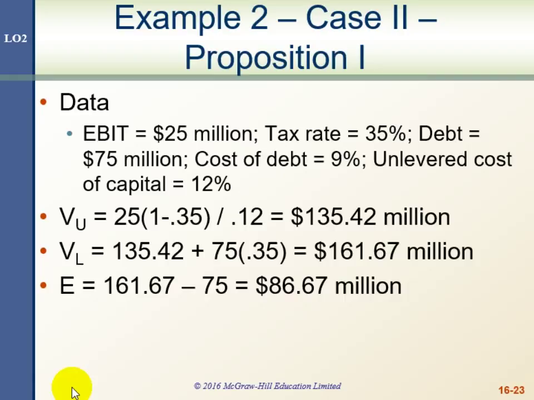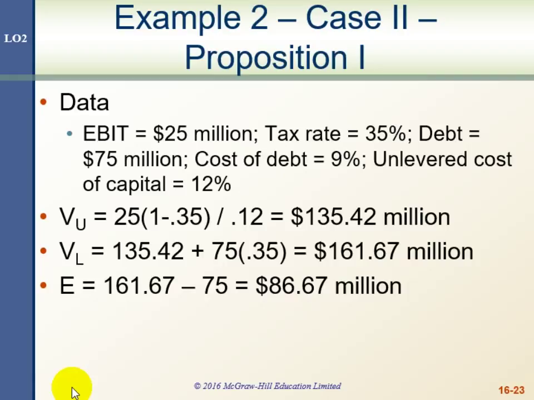$161.67 million. Of course, part of that value is committed to paying the debt, so 161.67 minus 75, which is the amount of the debt, means the equity owns $86.67 million. Essentially, we're assuming that the equity shareholders issued debt for $75 million and used that debt to buy back the shares.